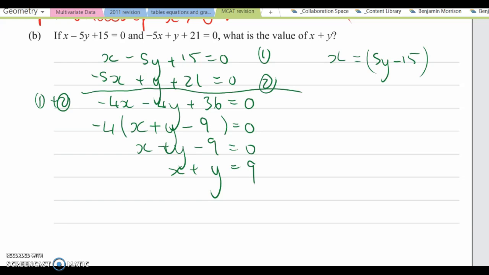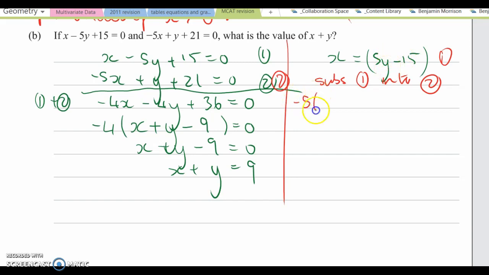I'm just going to show you, if you didn't see that, you could have just done, let's just call this 1. I'm going to sub 1 into, let's call this one 2. So wherever I see an x, I'm going to put 5y minus 15. So it's going to be minus 5 times 5y minus 15 plus y plus 21 equals 0.